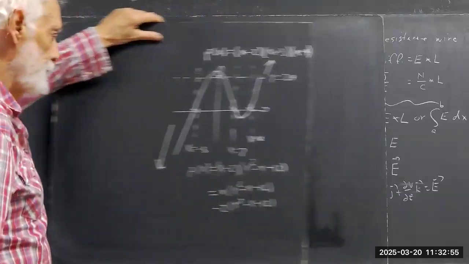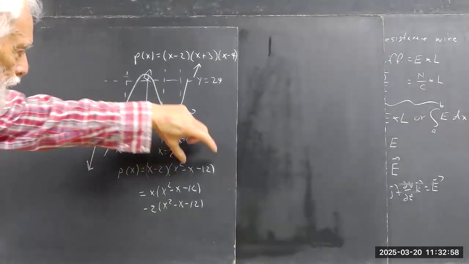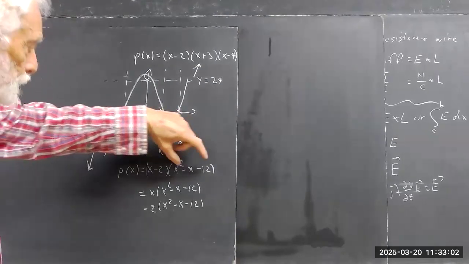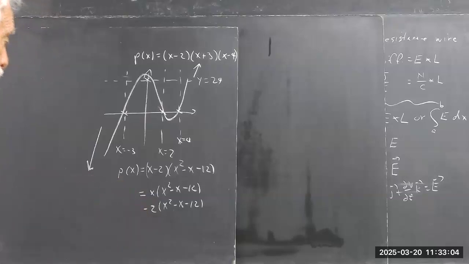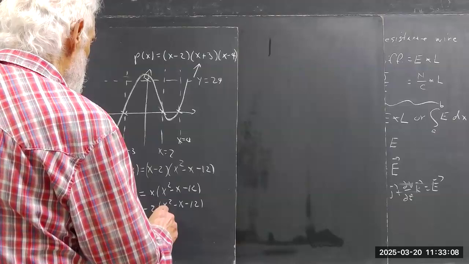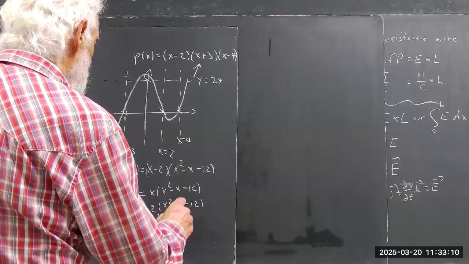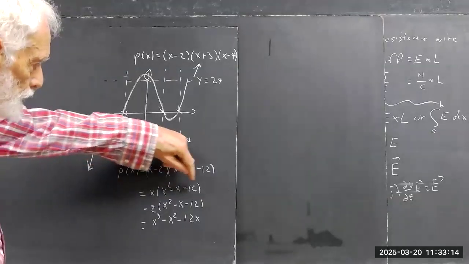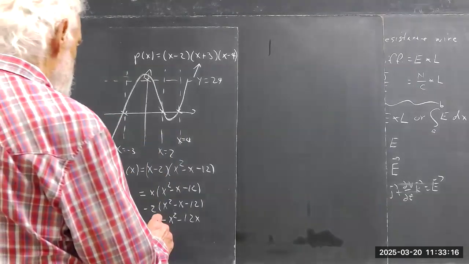In other words, x minus 2 times this means x times this, and then minus 2 times this. Write it out. That's your distributive law. You then multiply it out: x cubed minus x squared minus 12x here, every term multiplied by x.